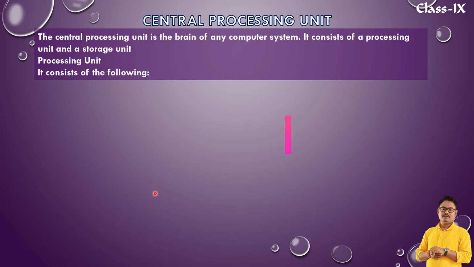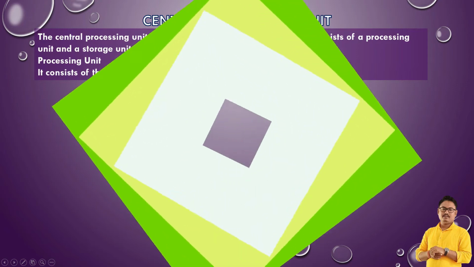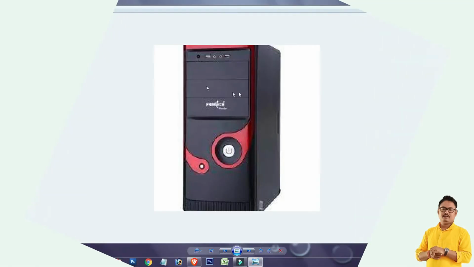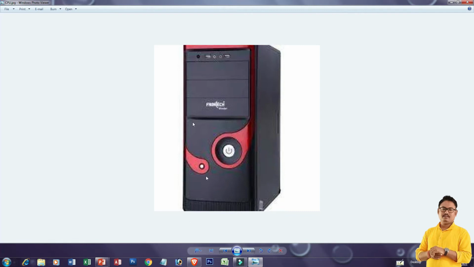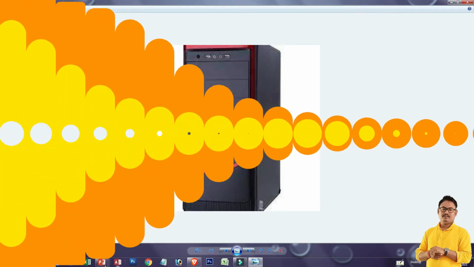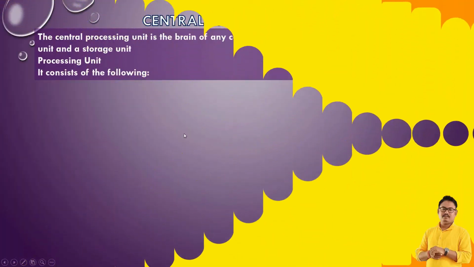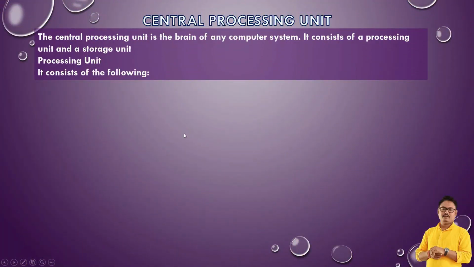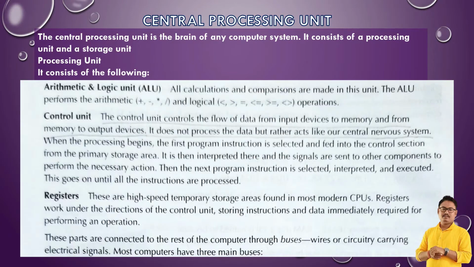So the central processing unit is actually the brain of a computer system, or in short it is called CPU, which looks like this. You already know what a CPU is. This is called the brain of the computer. Okay. So the processing unit consists of the following things. Let us see.